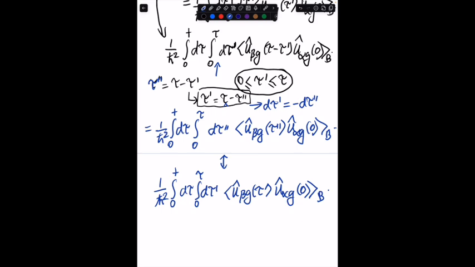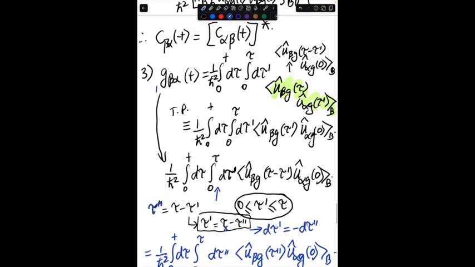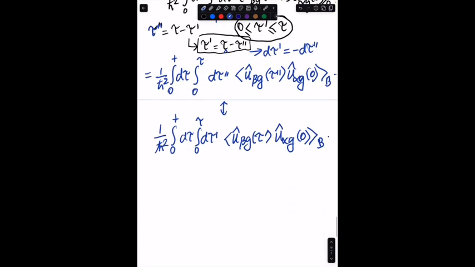So yeah, we just proved that these two cases are equivalent in deriving your line shape function g beta alpha t. Yeah, I hope that proves that, and that suffices.